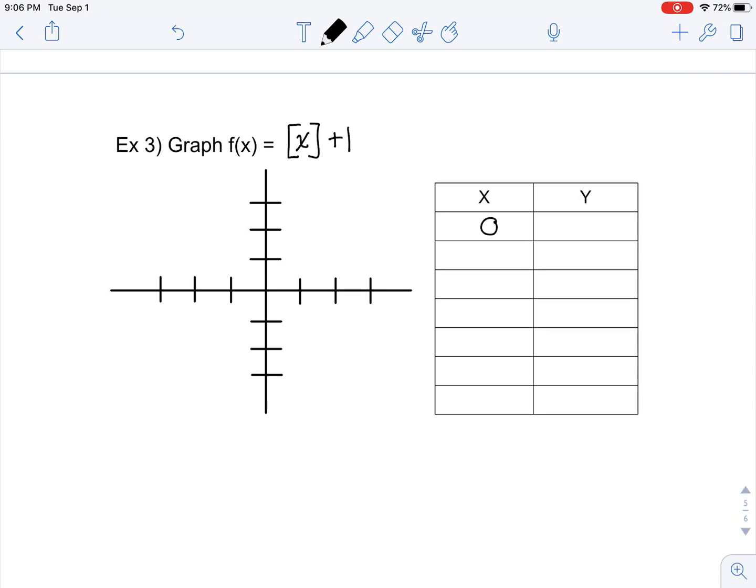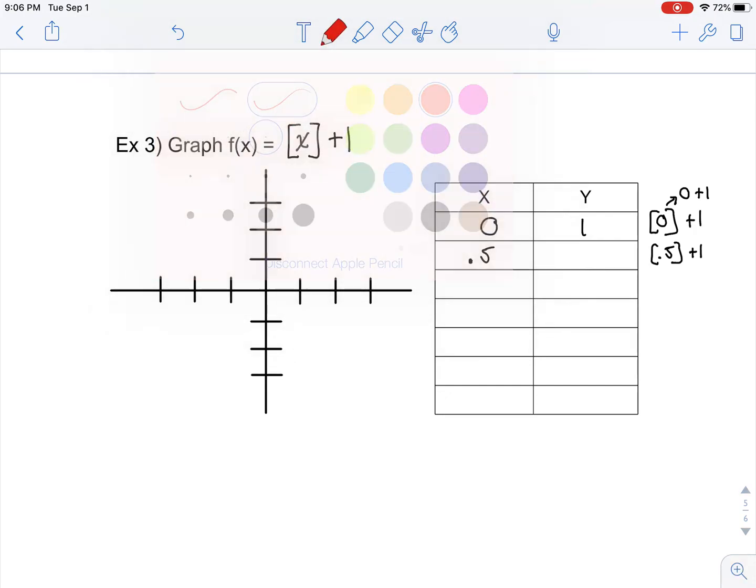If I plug in 0, then I would do the greatest integer of 0 plus 1. Well, that would be 0 plus 1, I'd be left with 1. If I plugged in 0.5, the greatest integer of 0.5 is still 0, so that would still be 0 plus 1 or 1.